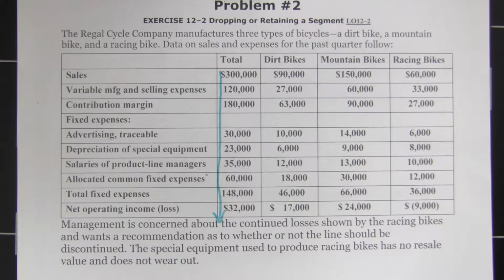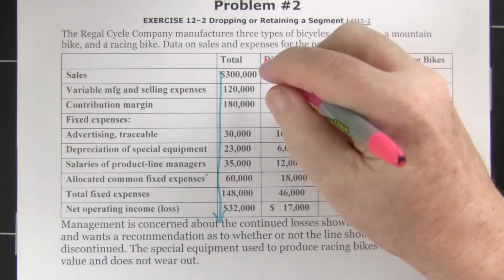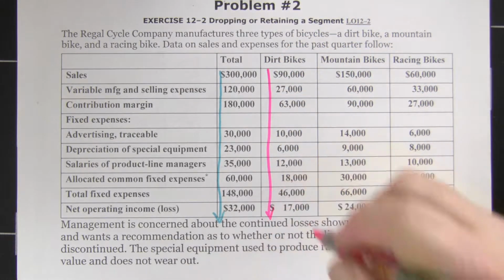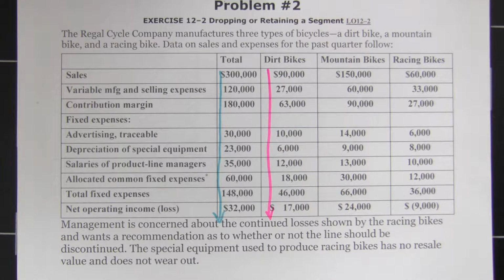And then each of the segments, the dirt bikes I'll do in pink. According to their calculations, the dirt bikes give them a total of $17,000.